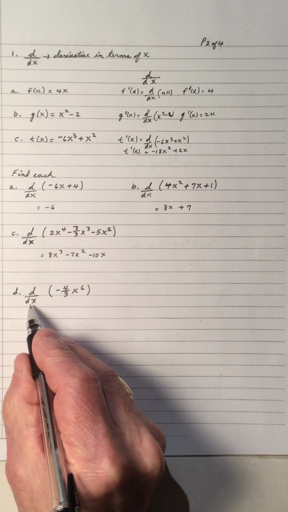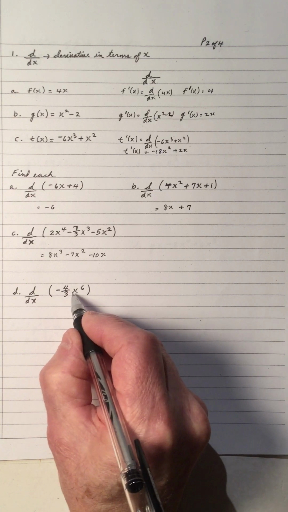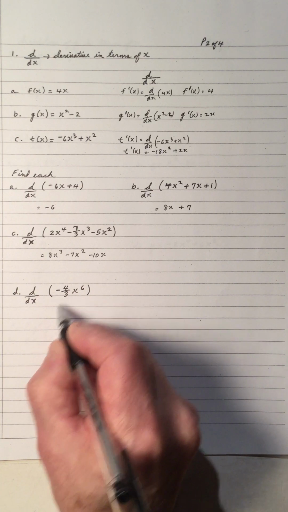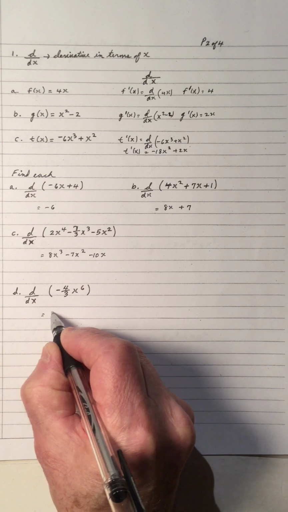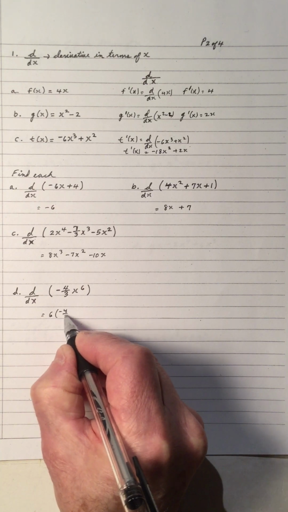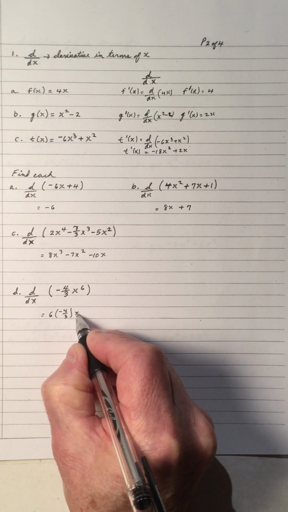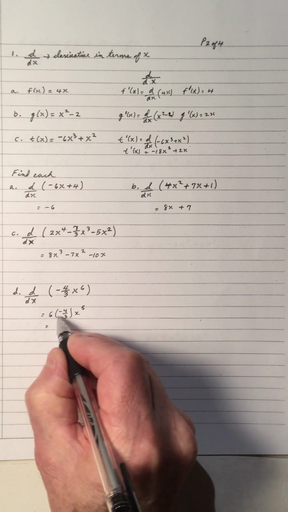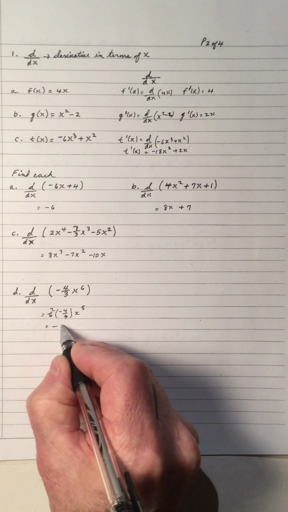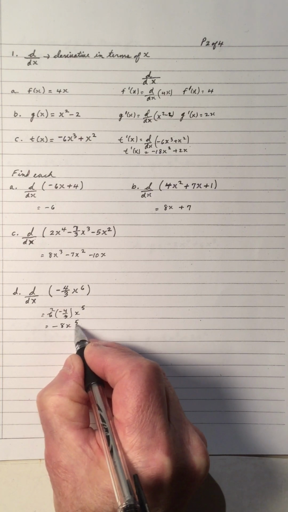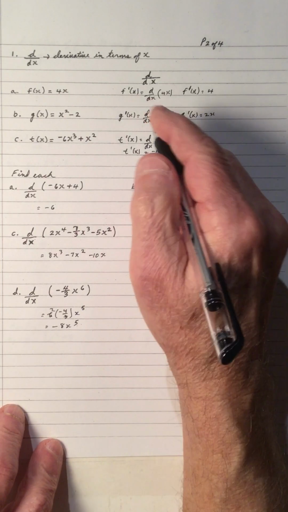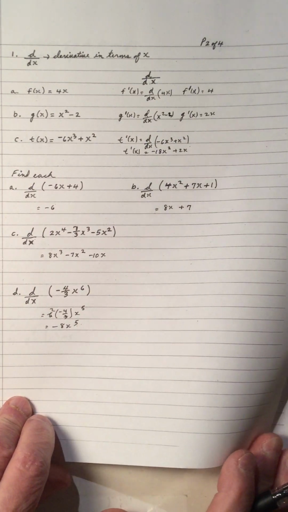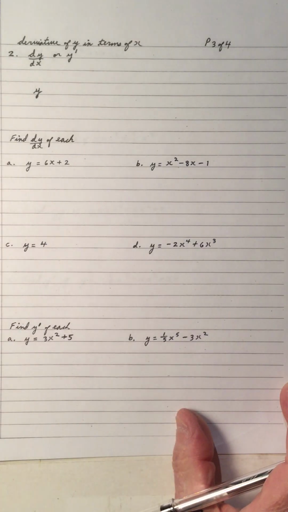And we have the derivative in terms of x. Let's write this one down: 6 times negative 4 over 3, and the 6 take away 1 is 5, and the 3 goes into 6 twice, so that's a negative 8x to the 5. So this d over dx is the derivative in terms of x.